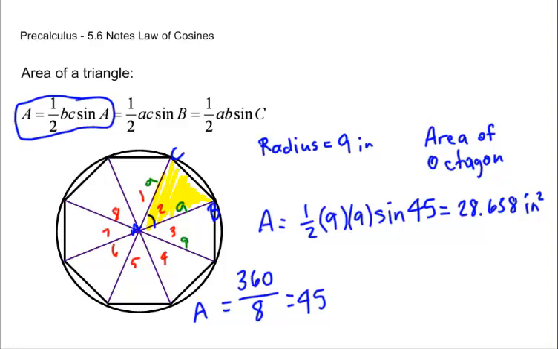So whatever this area is, which is 28.638, we just multiply this number by 8 for the number of sides. And when you do that, you get a grand total of 229.103 inches squared. And you're not trying to take half the base times the height and figuring out bases and heights. We just need 2 sides of a triangle and an angle in between, and we can get it done.